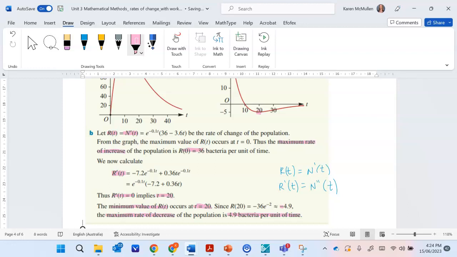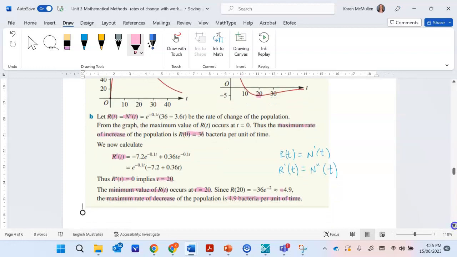If you lost money, you don't say, I lost negative $10. You just say, I lost $10. I lost 5 kilos. So just be careful with that. So if it's a rate of decrease, we don't have a negative. It's always positive when you're interpreting it.